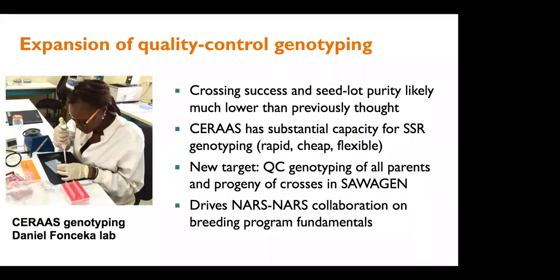So we validate that there's a seed lot purity issue in the breeding programs, and that we need to generalize the quality control of the genotyping at each step of the breeding, to be sure that the hybrids being produced are true hybrids, and that they are coming from the parents that we want to cross. So that's the work we were doing.